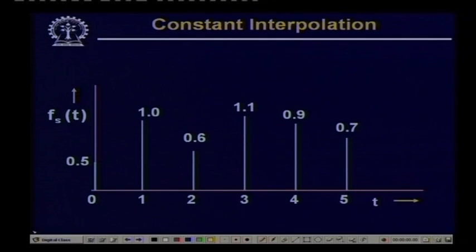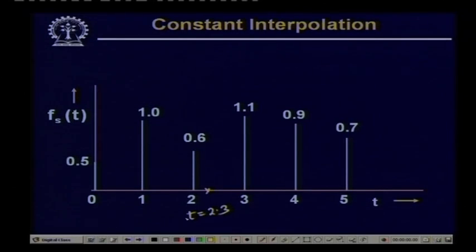Now, let us see whether using this modified formulation our interpolation is going to improve or not. So, let us take this particular case. Again we go for constant interpolation. Here again I have shown the same set of samples, and now suppose I want to find out the value of the function at say t equal to 2.3.